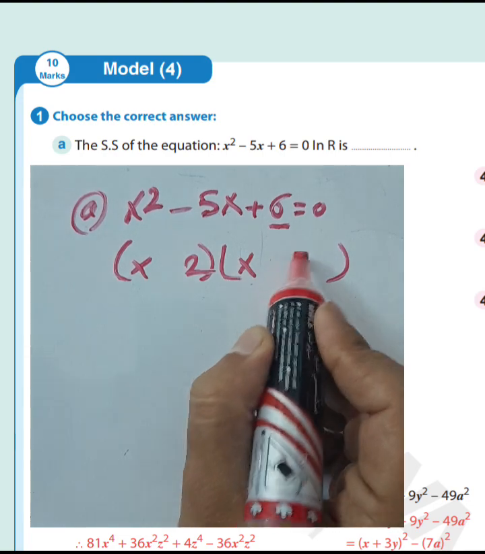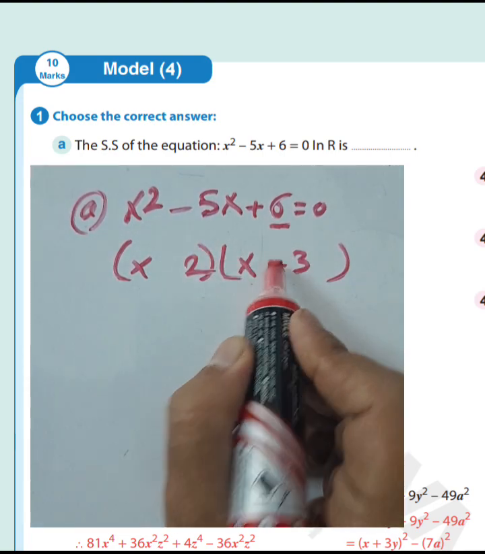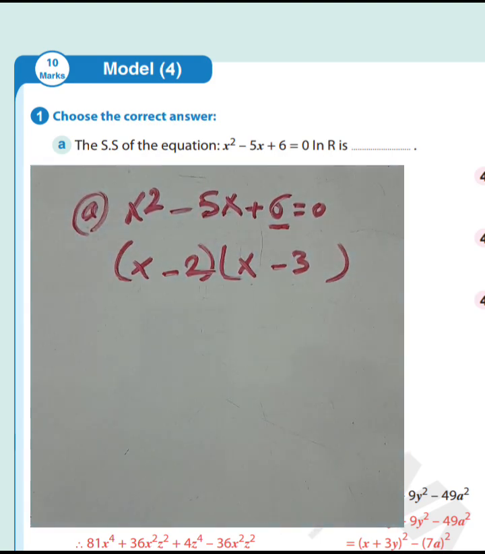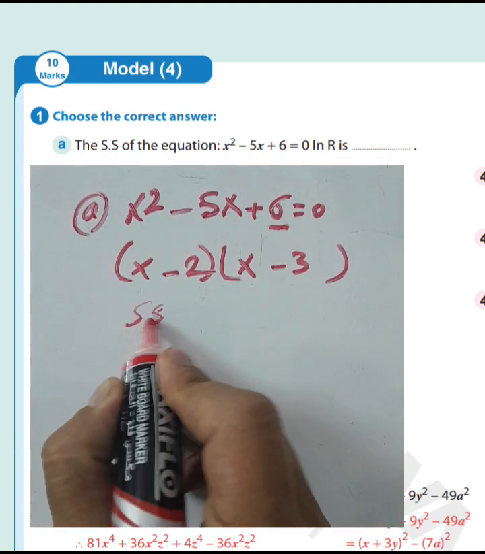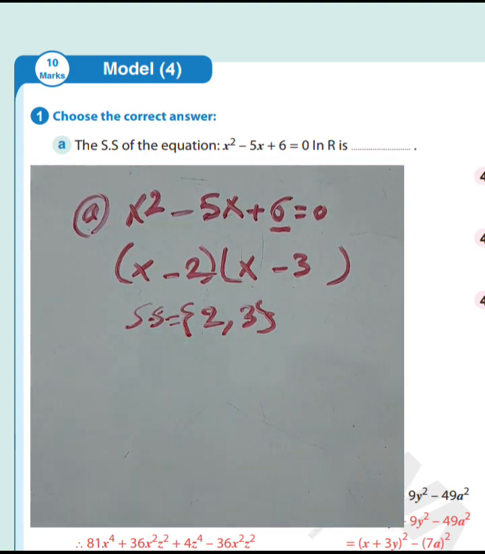Write 2 times 3 equals 6. And the sign here is similar, negative and negative, like the middle, okay, because the positive equals negative times negative. Then the solution set here will be x equals 2 or x equals positive 3. Write the solution set here, write 2 and 3.